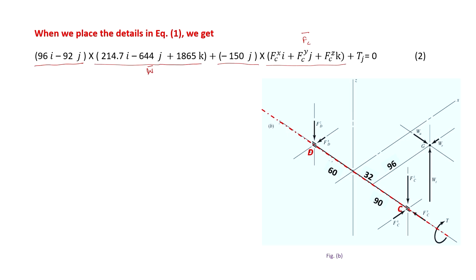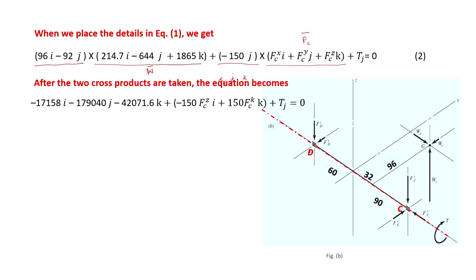Now, we will do the cross product of these two vectors and the cross product of these two vectors, and compare the i terms, j terms and k terms separately. After taking the cross products, we have this i, and this i and this i will be compared.